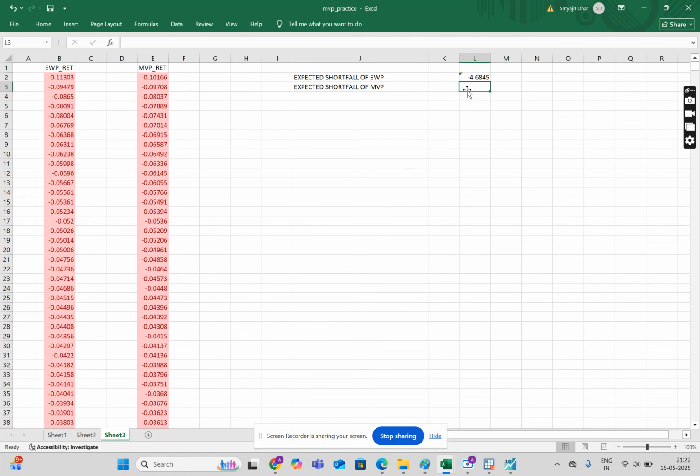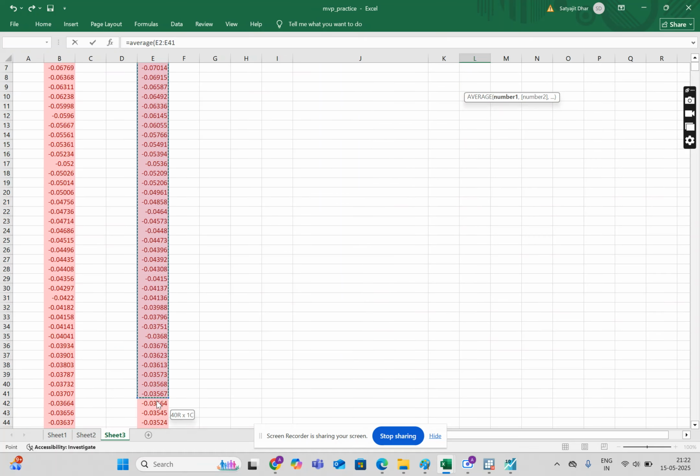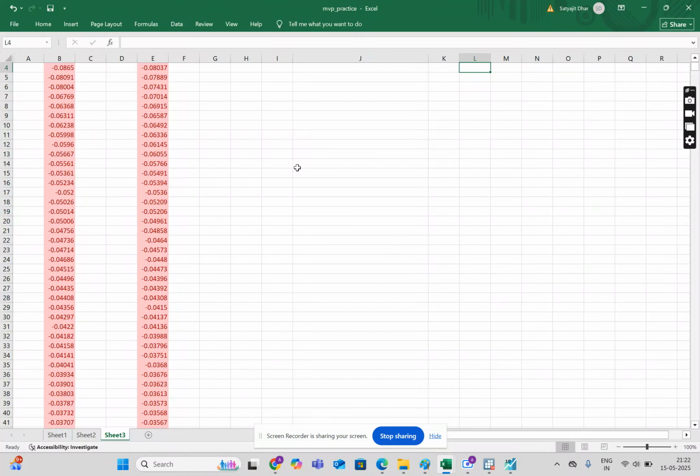Now the same kind of formula: equals average of this much into 100. So, yes, 4.60017. That is what we can understand from here.